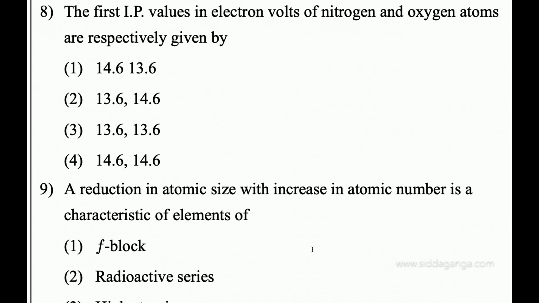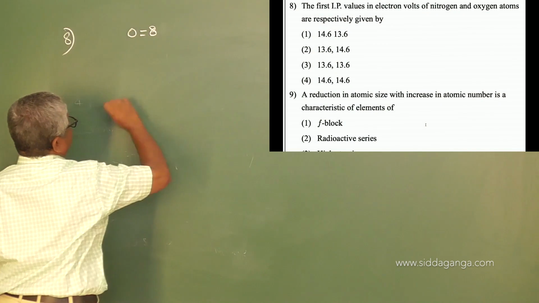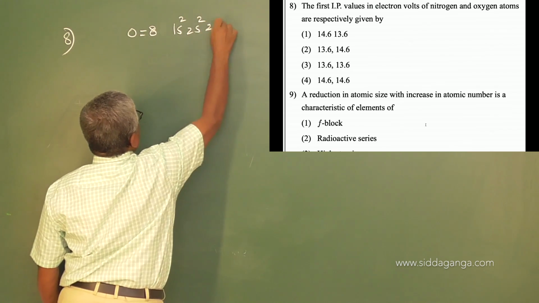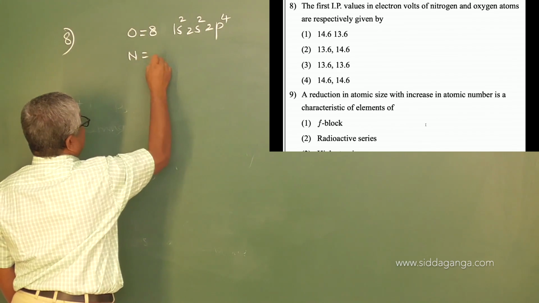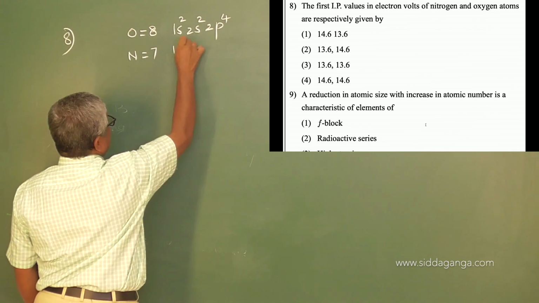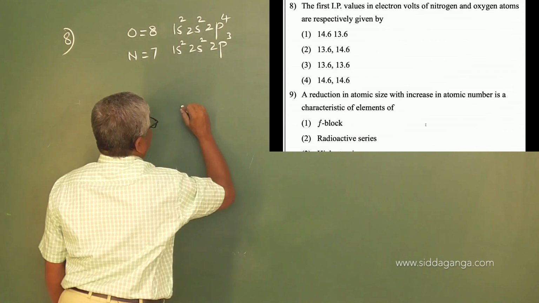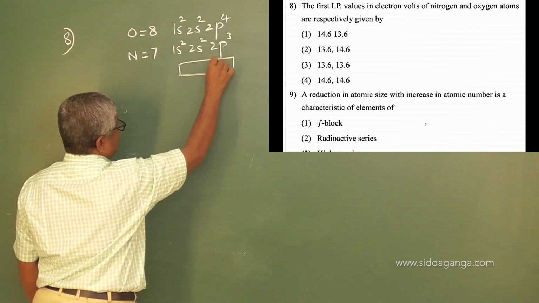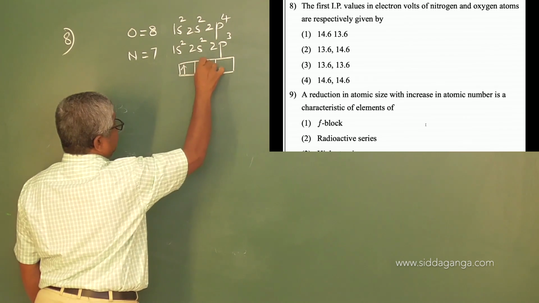We know that oxygen atomic number is 8, so it has 1s2, 2s2 and 2p4. Nitrogen atomic number is 7, 1s2, 2s2, 2p3. Here the p orbital has 3 boxes. All the 3 boxes are filled with one electron each.